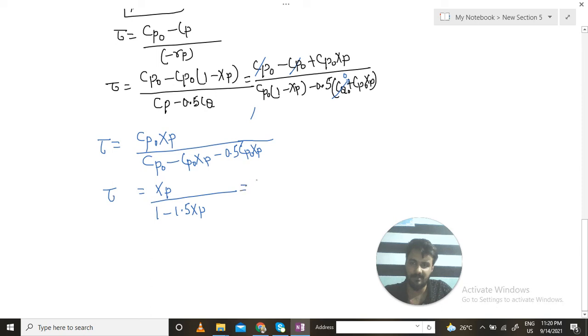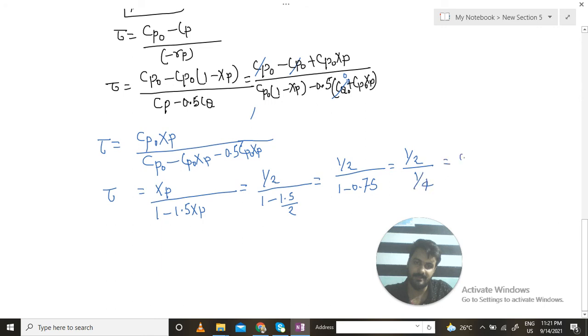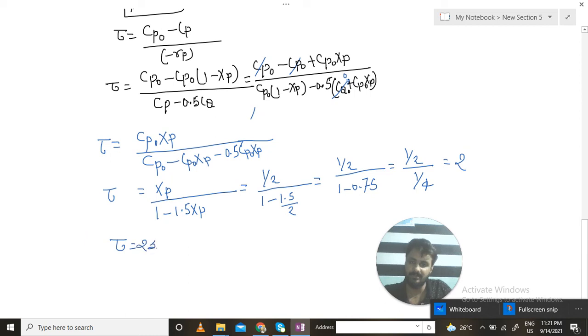So here you can substitute the value: 1 upon 2 is Xp, so 1 upon 2 upon 1 minus 1.5 upon 2, and 1.5 by 2 is equal to 0.75. So here you can write it as 1 upon 2 upon 1 upon 4, so that is equal to 2. So we have got our answer, tau is equal to 2 seconds.